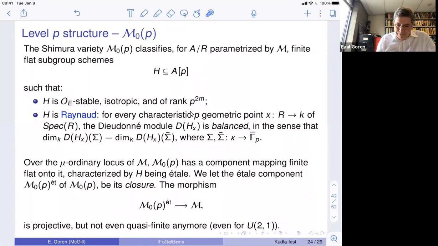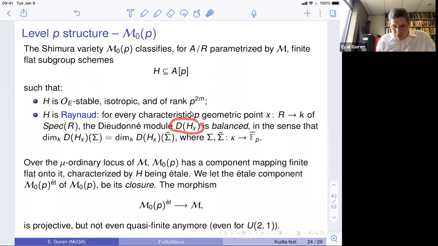It's p^{2m}, and you require it to be Raynaud. This is a condition that we actually learned from Bellaïche's thesis. This condition to be Raynaud can be phrased, à la Raynaud, in terms of the augmentation ideal for this group scheme, but you can also phrase it in terms of the Dieudonné module.